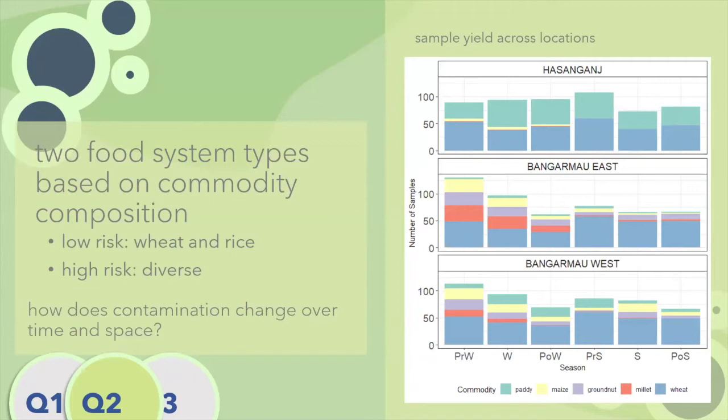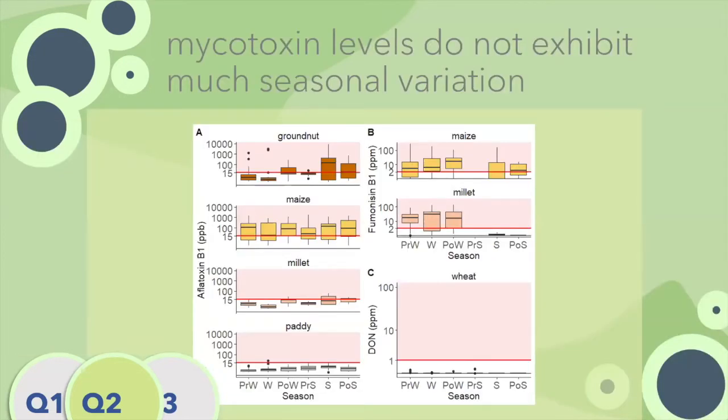And so we wanted to understand how these food system composition trends over time correspond to changes in mycotoxin contamination. And what we observed in our longitudinal survey of mycotoxins in these locations is that mycotoxin levels themselves do not exhibit much seasonal variation per se.